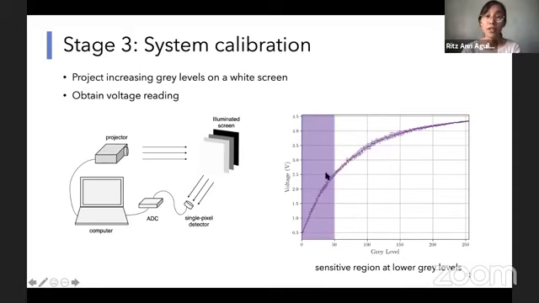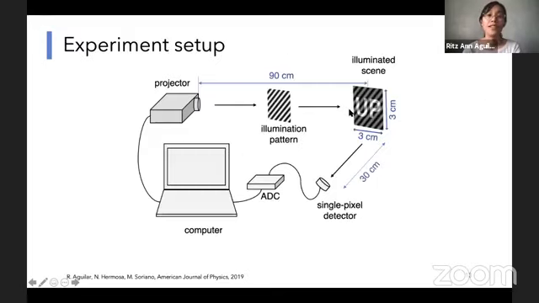And this plot tells us that it's best to image at low light levels, because this region is the most linear, and therefore it's the most sensitive. This can also be an advantage, because even if you have a dark environment, the LDR is still able to capture the signal with a relatively high signal to noise ratio. So again, this is the LDR's voltage response to changing light levels.